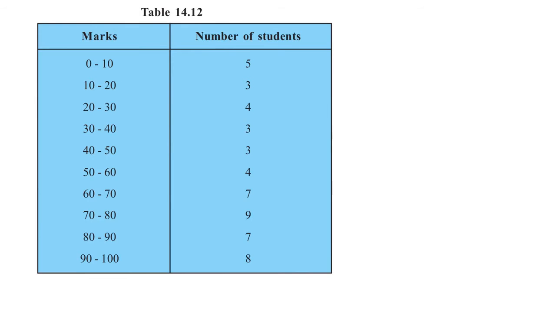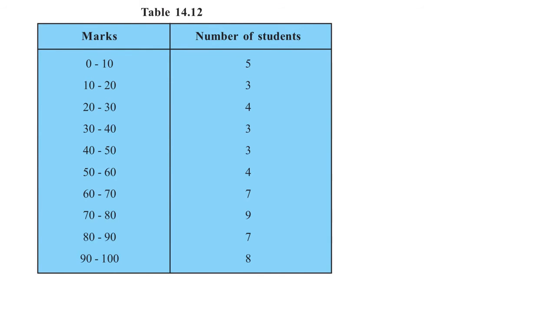Now from the table here, try to answer the following questions. How many students have scored marks less than 10? The answer is 5. Similarly, how many students have scored less than 20 marks? Observe that the number of students who have scored less than 20 include the number of students who have scored marks from 0 to 10 as well as the number of students who have scored marks from 10 to 20.